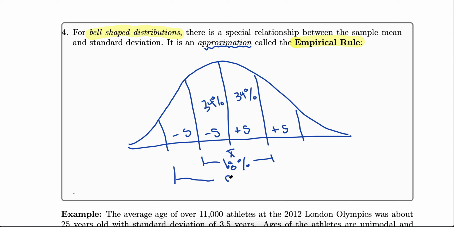Then, remember this is all approximate, we should have about 95% of observations between 2 standard deviations on either side of the mean. From 68 to 95, we've added a certain percentage. If we split that in half, think for a moment, what are we going to have left on either side? Right, it should be 13.5%.